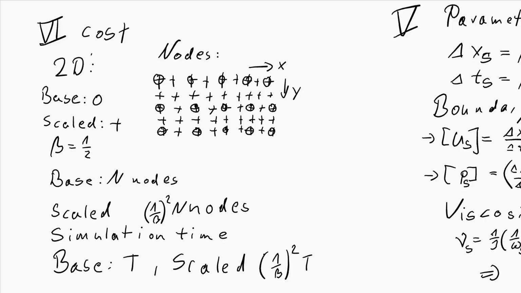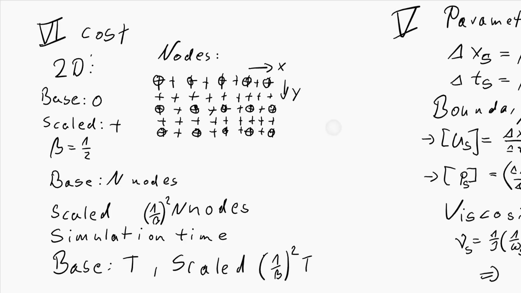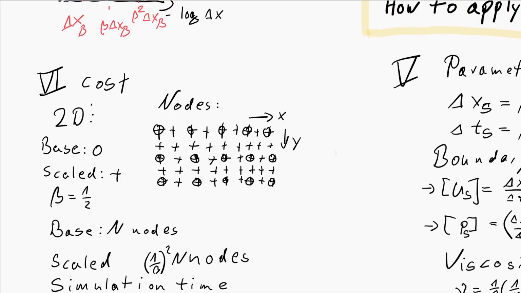So basically what we would have here is 4 times more lattice nodes and 4 times more time steps, which if you count the operations that you have to do, means it's 16 times more expensive to use here beta equal to 1/2, starting from the base simulation.